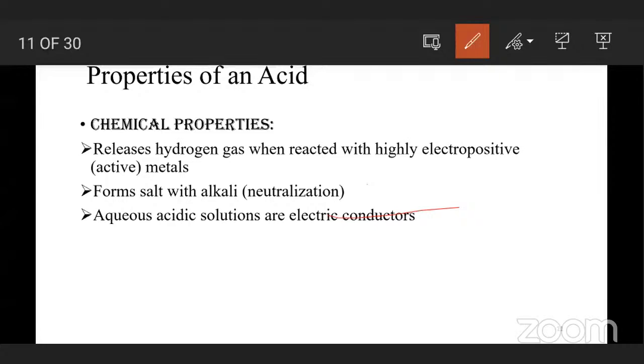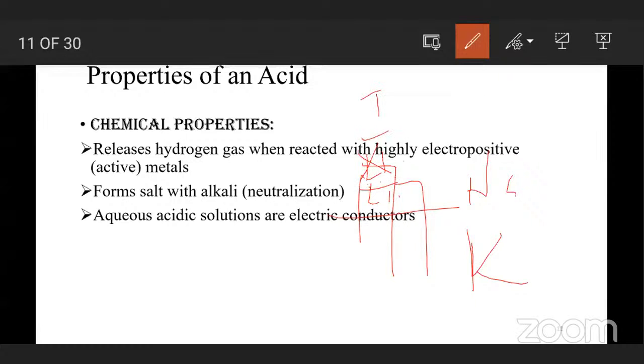When you check the periodic table, we have group 1 and group 2. Taking hydrogen out, you may have lithium, sodium, potassium, and so on in group 1.